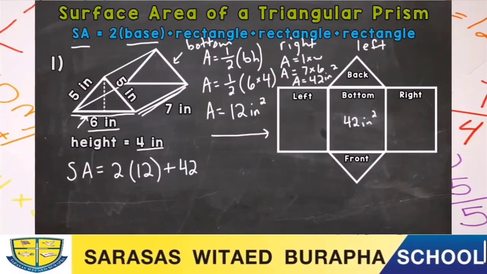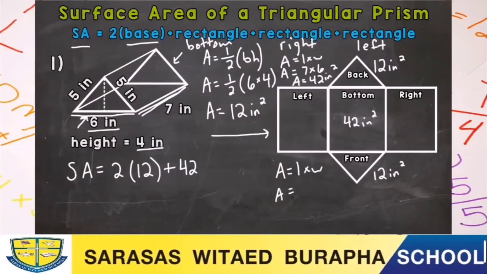The front triangle, remember, is 12 square inches. And the back triangle is the same. So let's do the right and left. These rectangles are the exact same, so we only need to write out one here. So let's go to the bottom of the screen. Area equals length times width, and let's plug in.